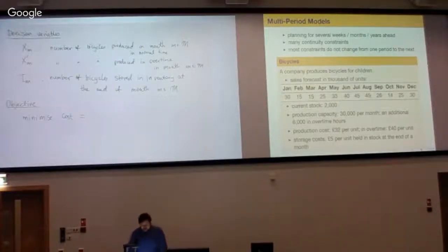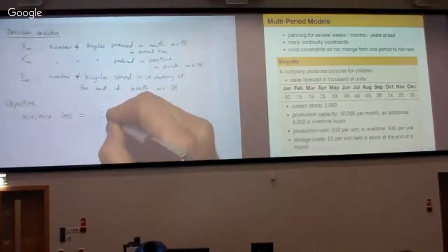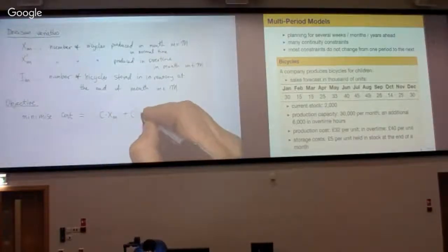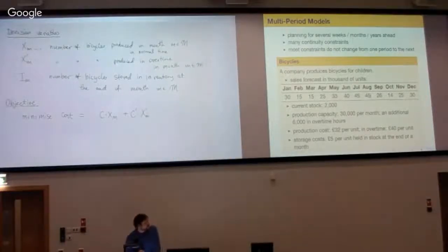So production cost is C for each bicycle. The number of bicycles made is xn. In the C dash, these are the ones that are produced in overtime.